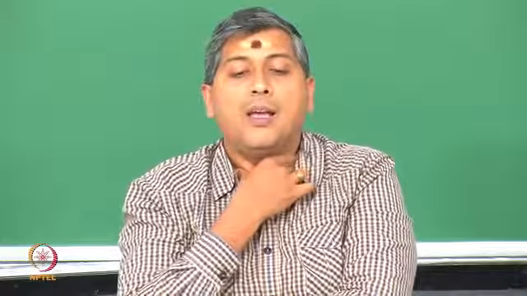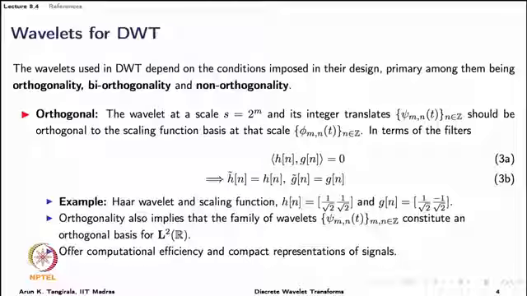Eventually, we use both the scaling functions and the wavelets. So, it is therefore justified to begin our discussion to talk about the wavelets for DWT, and we will shortly see that whatever requirements I want on the wavelet actually translate to the constraints on filter coefficients. We have seen that already in the last lecture, but I am going to explicitly state those constraints here.